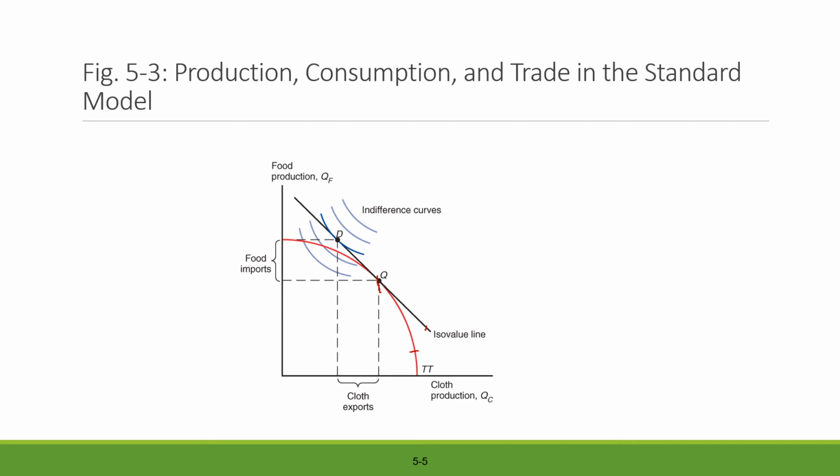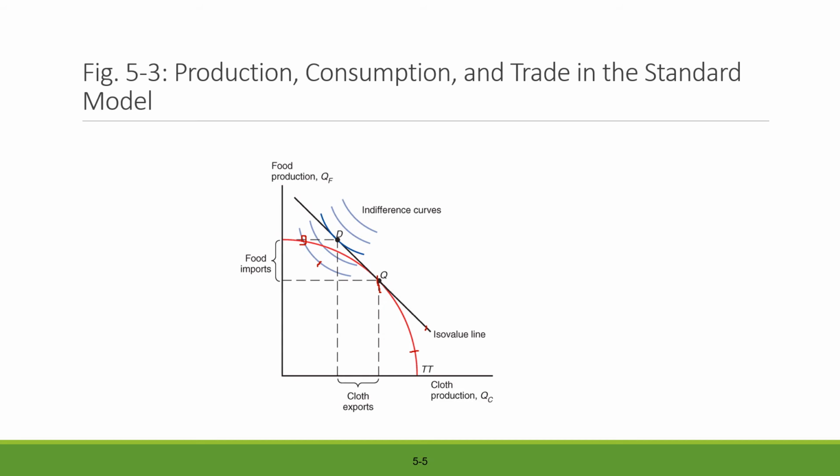In this case, if we look at the lowest indifference curve, that is here, we see that it intersects the production possibility frontier. We can produce this much quantity, but we are not going to produce it. Why? Because first, its value is low, and secondly, it does not give us the maximum utility.